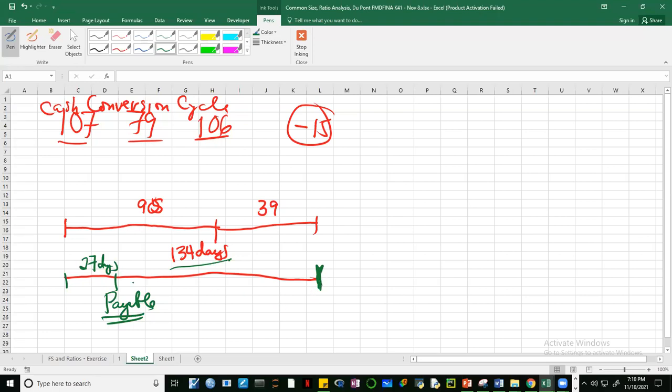On the average, it takes us 27 days to pay. Okay, but where's the cash? Andito pa, guys. It's still here, no? Okay, so how do we now pay on the 27th day? Magsa-short term lang tayo. We have to borrow in order to pay this payable.